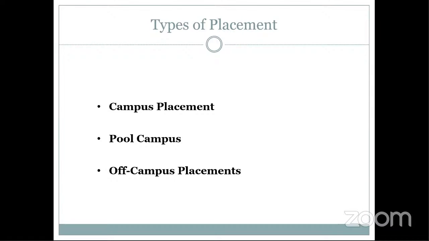So they would say, we are not going to come for your 60 students, we want at least 300 or 350 students who are eligible for our company. Then only it is beneficial for us to come to your college premises to conduct the campus placement drive.